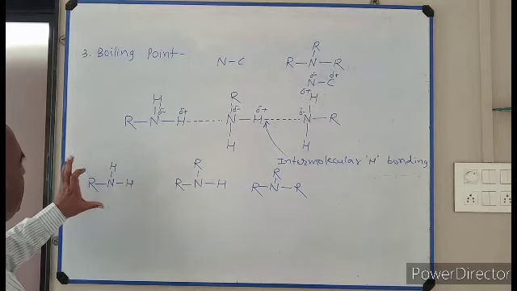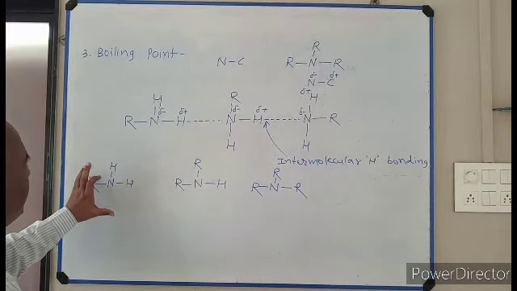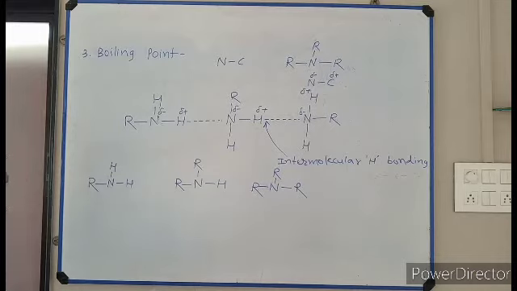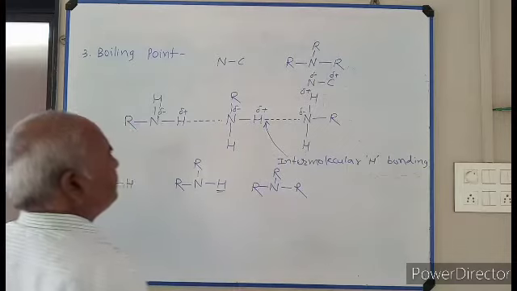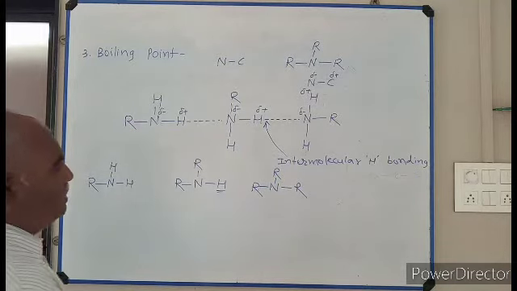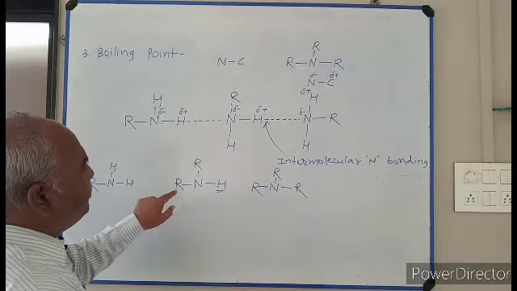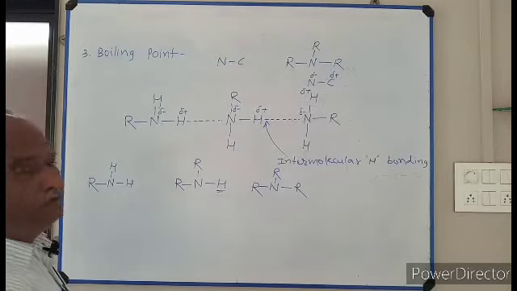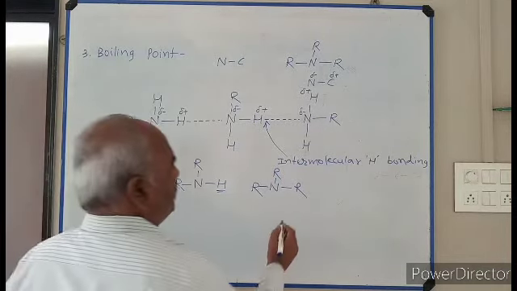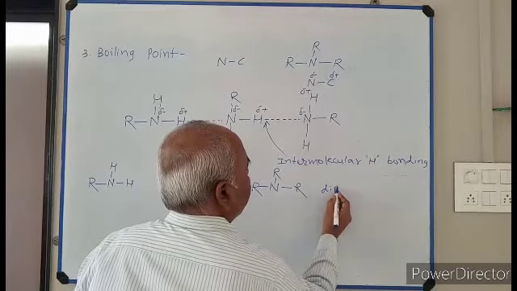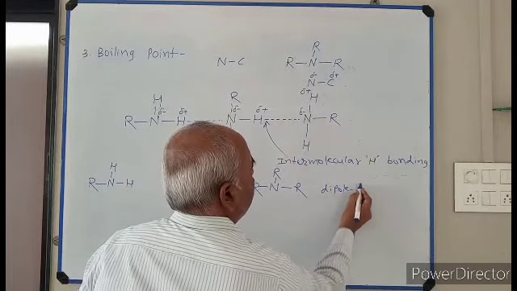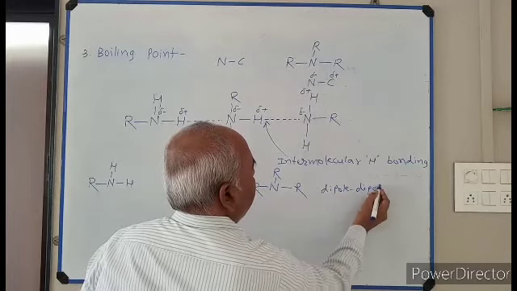Therefore, the hydrogen bonds are strong. In secondary amine, only one hydrogen is present on nitrogen. Therefore, the hydrogen bonds are weak. In tertiary amine, there is dipole-dipole interaction. There is no hydrogen bonding.